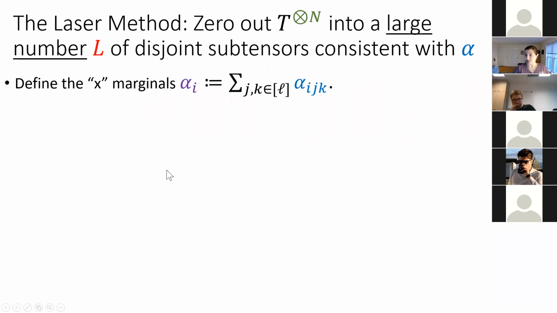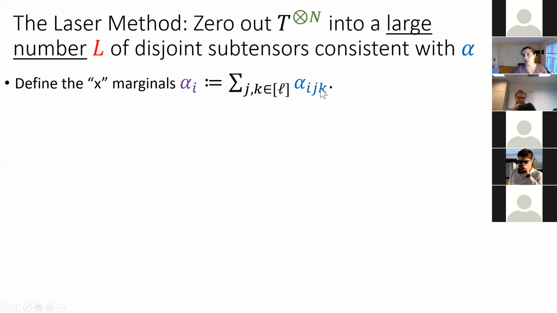The way we deal with it is like this. We're going to define the marginals of the distribution. Namely, let's look at the x marginals. So for every i, which you recall corresponds to the x sub i portion of the partitioned variable set, alpha sub i is just the sum over j and k of alpha sub ijk.